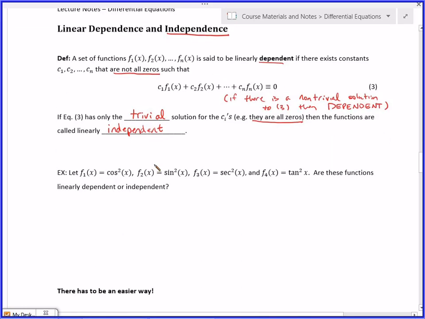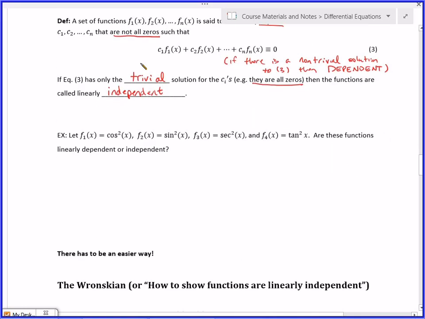Okay, so here's an example we can do what I call the hard way of actually plugging into this equation and seeing if there is a solution to it. So let's ask if cosine squared, sine squared, secant squared, and tangent squared are dependent or independent.